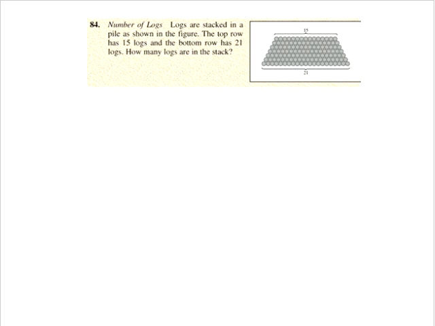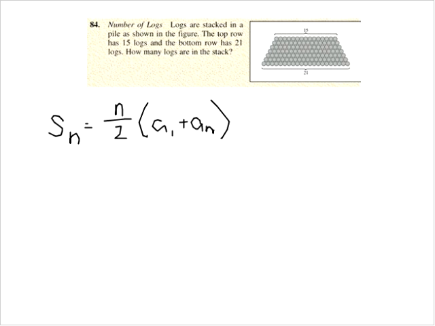The last one we're going to go through: there are logs stacked in a pile over here. The top row has 15 logs and the bottom row has 21. How many logs are there in the stack altogether? We are looking for the sum, so let's see what we need here. How many rows are there? n is the number of rows.